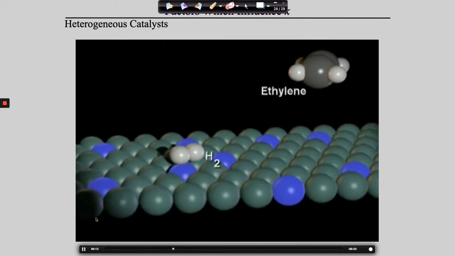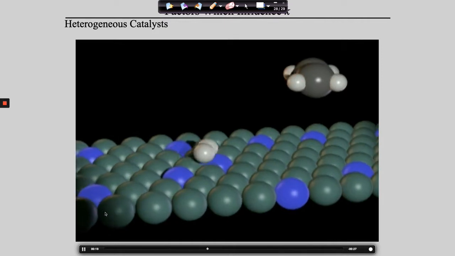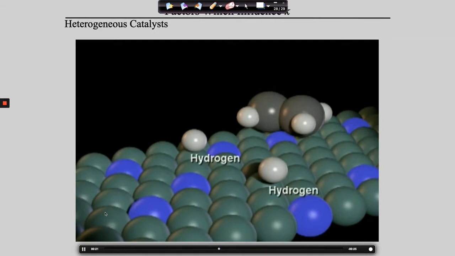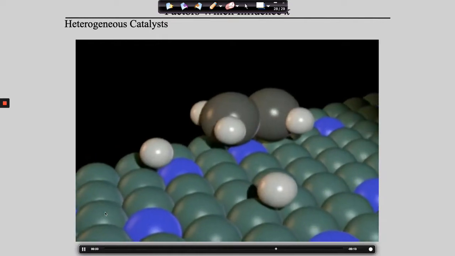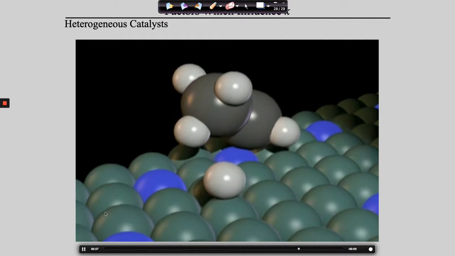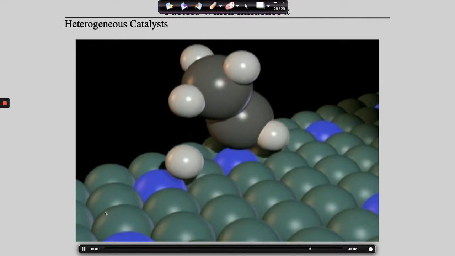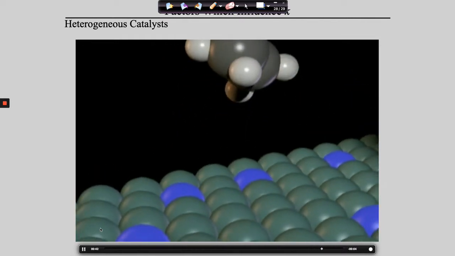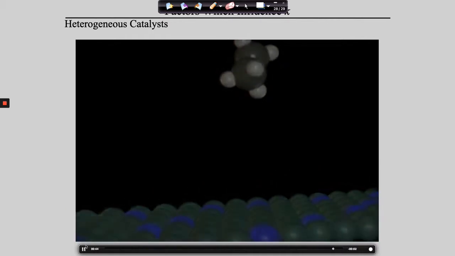When ethylene and hydrogen are exposed to this surface, they are adsorbed in a process called chemisorption. The H2 molecules dissociate into hydrogen atoms, bound to the surface but able to move about on it. When an adsorbed hydrogen atom encounters an adsorbed ethylene, it may add to one of the carbon atoms, forming a new CH bond. A second hydrogen atom then adds to the other carbon atom, forming ethane, which dissociates from the surface.